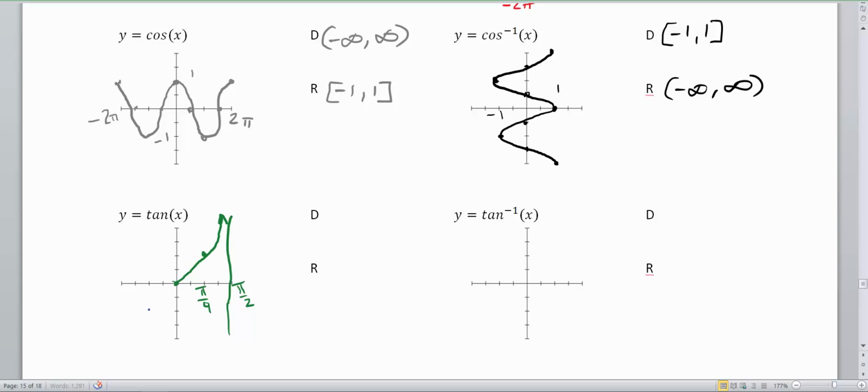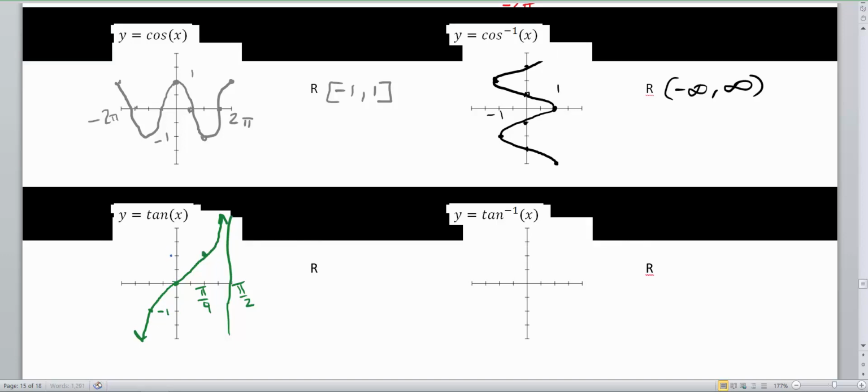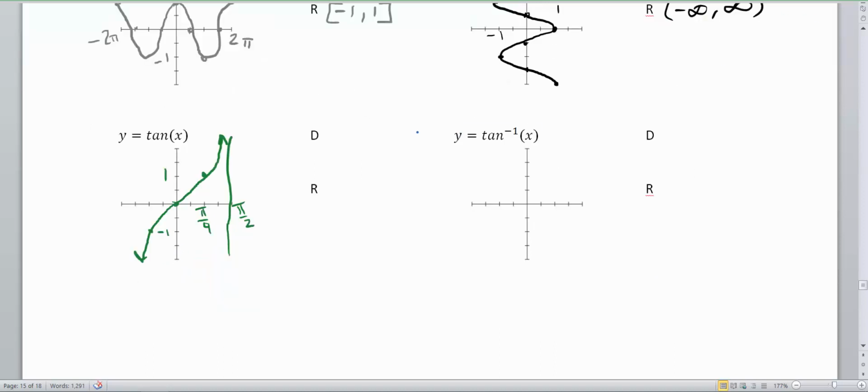That means the other half would be down here at negative 1. See, that's negative 1. This is positive 1. Oops, I'll get rid of that glitch in just a second. There we go. And then we get into another asymptote line here at negative pi over 2.